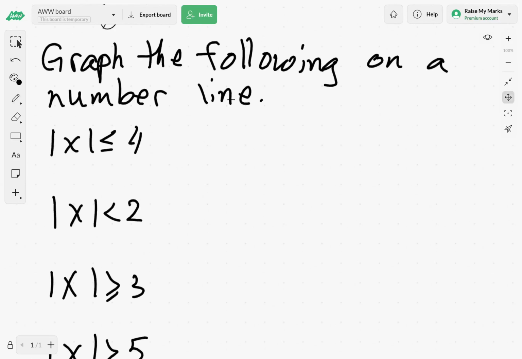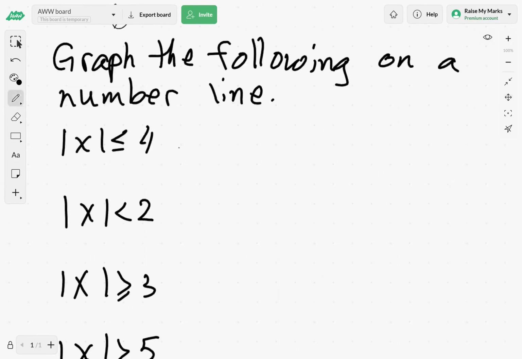All right. So let's see what we have next. Graph the following on a number line. So let's draw a number line. We have a number line. So the absolute value of x is less than or equal to 4. So this number line is going to be centered at 0.